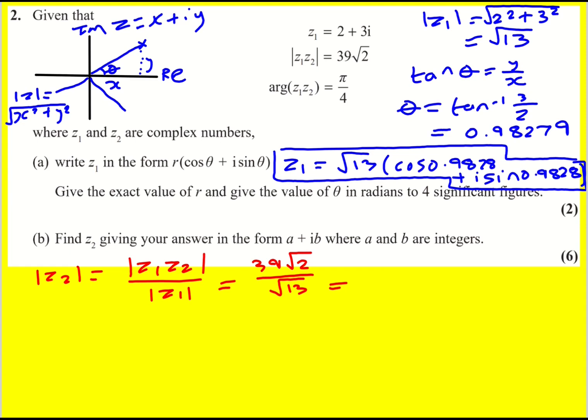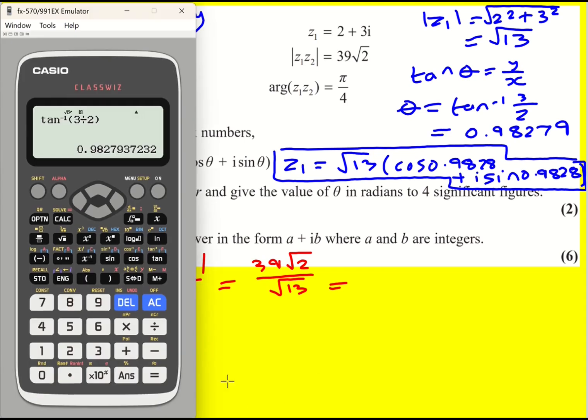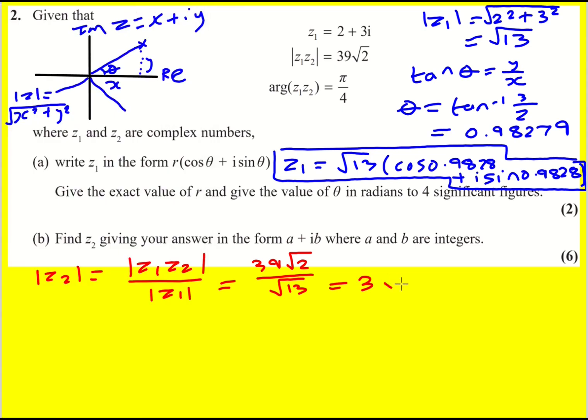Let's just put it in our calculator. You could write 39 as 3 times 13 and do it non-calc, but I wanted to keep that. 39 root 2 divided by root 13 becomes 3 root 26.